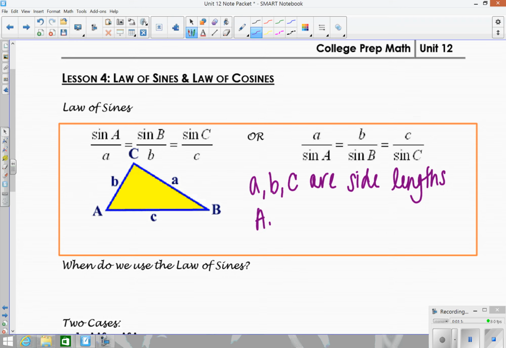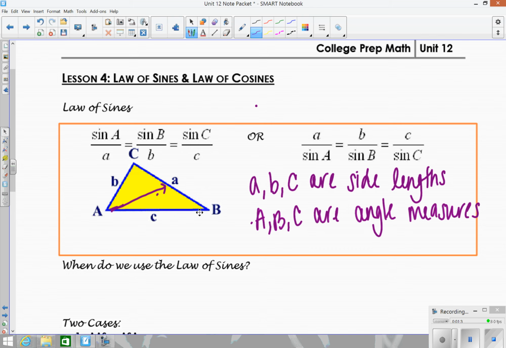So A, B, and C are angles. Another thing to notice is that lowercase a is the side across from angle A. Side b is across from angle B, and side c is across from angle C. So that's how we get those.